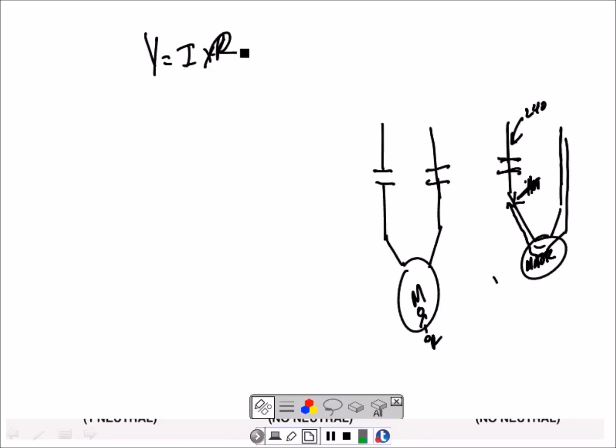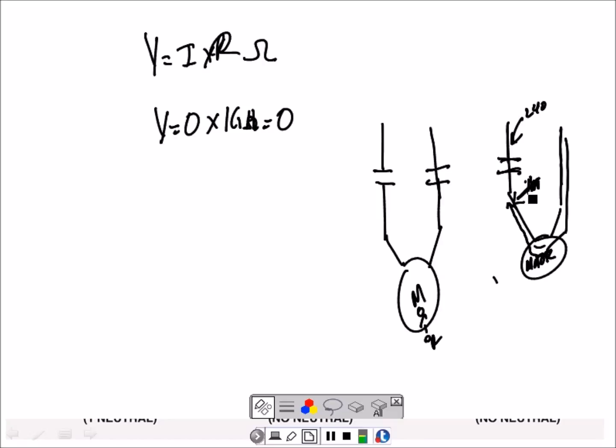Or I times ohms. Well, if I is equal to 0, I could come over here and put 1 gigohm, but 0 times anything is still 0. So that means that voltage is going to be sitting right there. Y'all understand that? 240 volts.